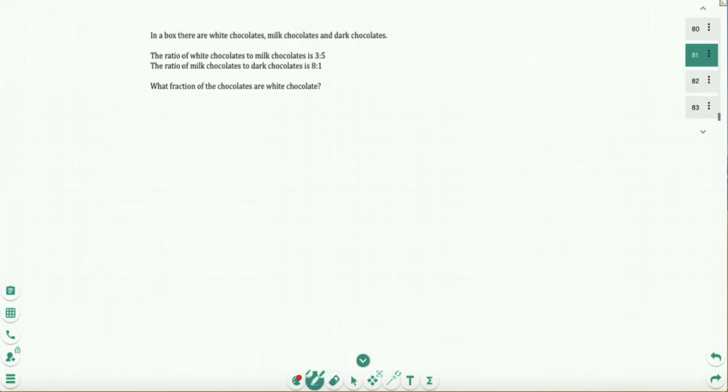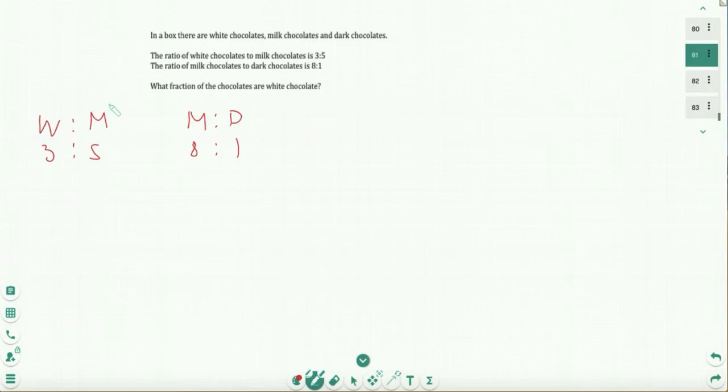So, what do we know? Well, I know the first ratio, the ratio of white to milk is 3 to 5. So let's write that down. White to milk is 3 to 5. And the ratio of milk to dark is 8 to 1. And our goal is to find what fraction of the chocolates are white chocolates.